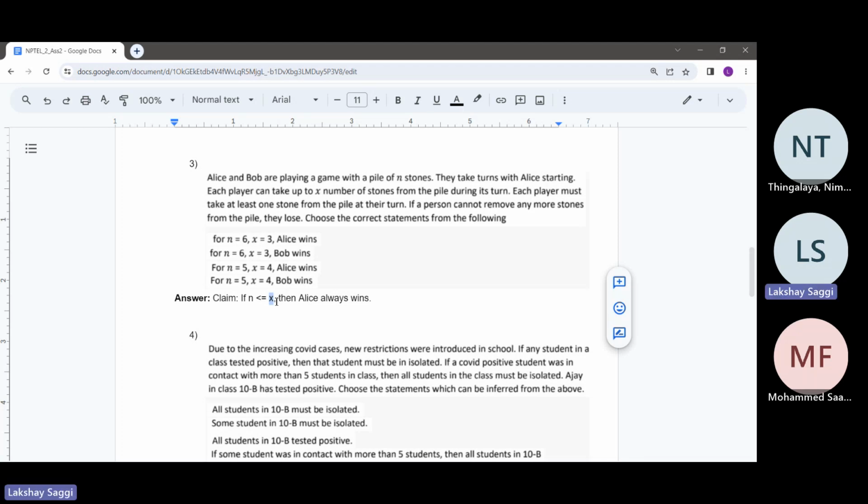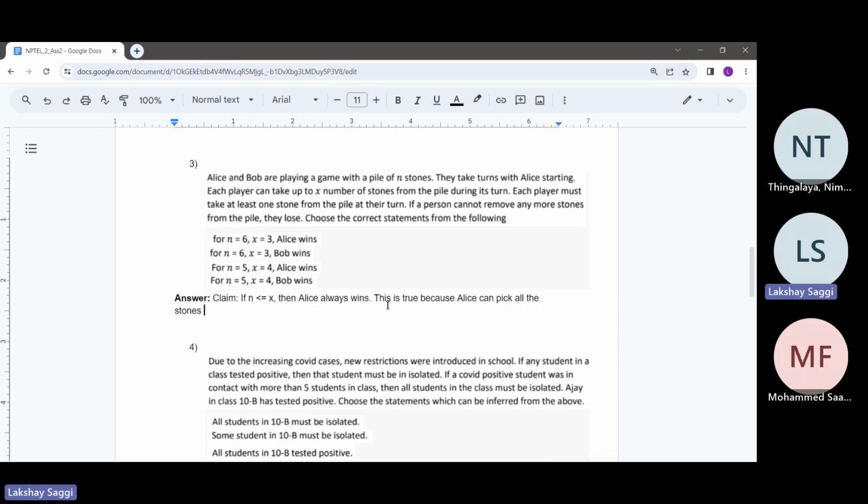And now in Bob's turn, Bob is left with 0 stones to pick because Alice has taken all the stones. That's why Alice will always be the winner here. This is true because Alice can pick all the stones in her first try itself.